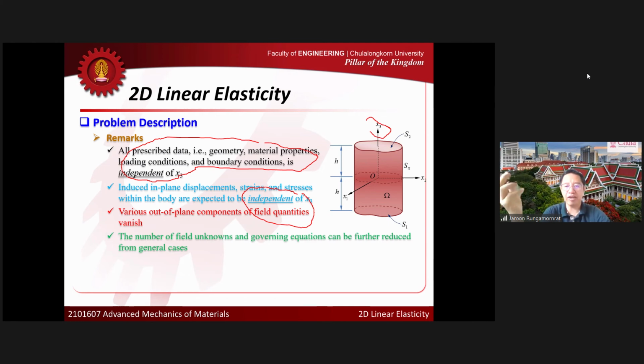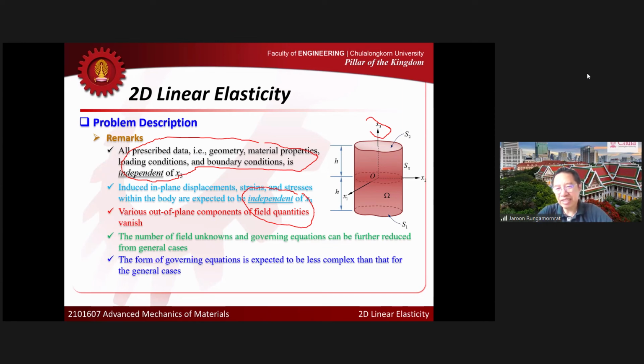We expect that for the problem with this kind of spatial information, the number of field unknowns should be reduced. And at the same time, the number of governing equations that we have to deal with has to be reduced too, right? So we expect that we should come up with something simpler than the general case.